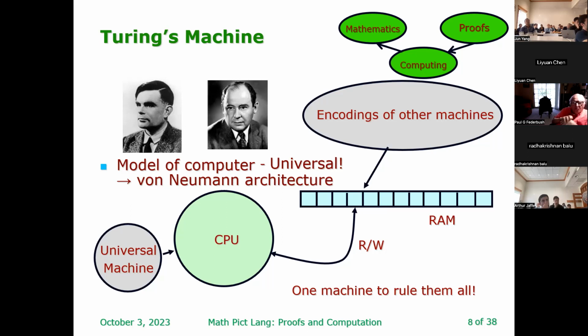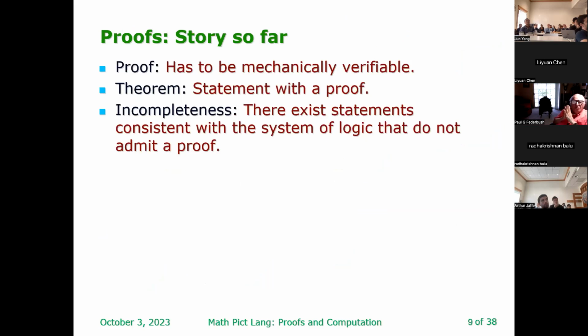And it pretty much had a direct impact, I think, on the von Neumann architecture, which is much closer to the existing computers today. So the story, why did Turing talk about this? Because he said, look, proofs are objects which have to be mechanically verifiable. Okay, but how do you define mechanically verifiable? He said, well, mechanically verifiable is anything that can be verified by a Turing machine, by his machine, which we now call a Turing machine.